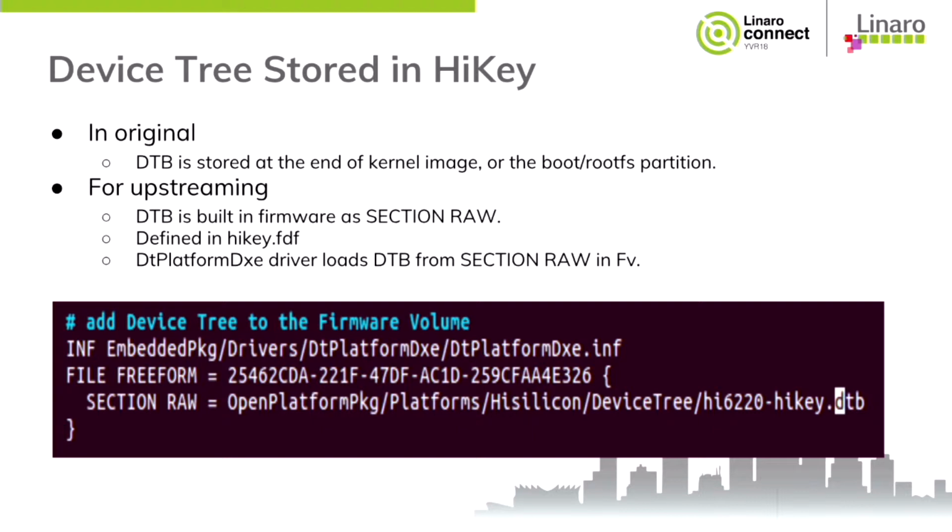Now for the upstreaming, we changed the policy. The DTB could be built into the firmware. It's filled in the section raw. We just need to write this kind of information in the HiKey.fdf file, and we rely on the DT platform driver.